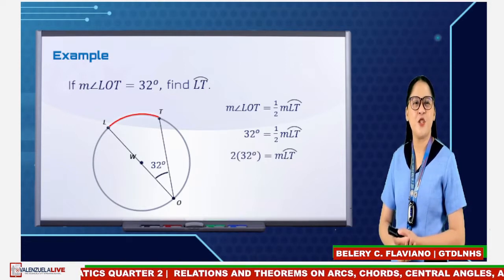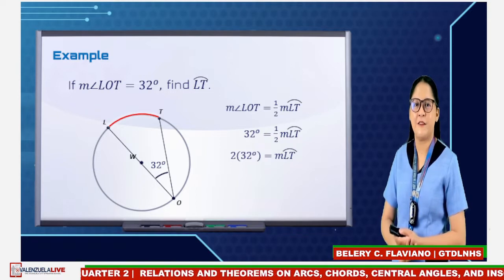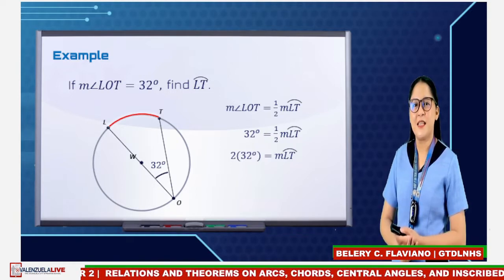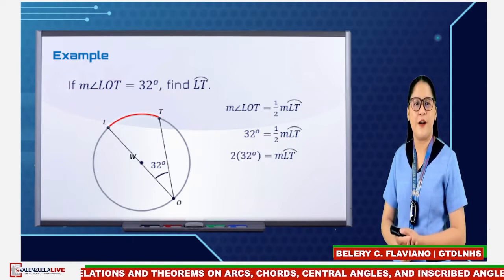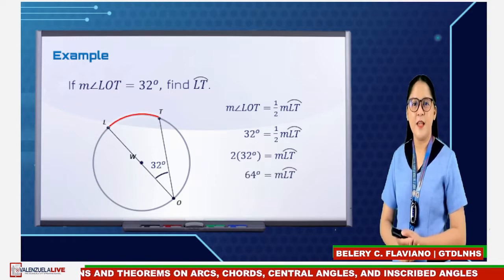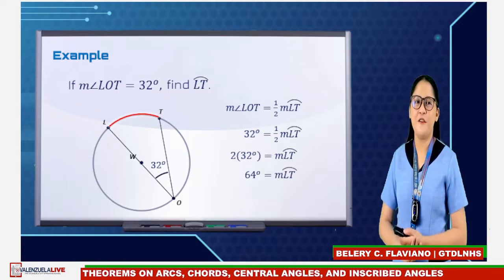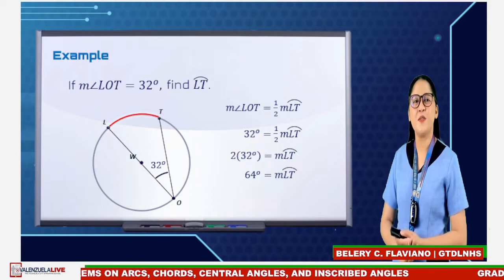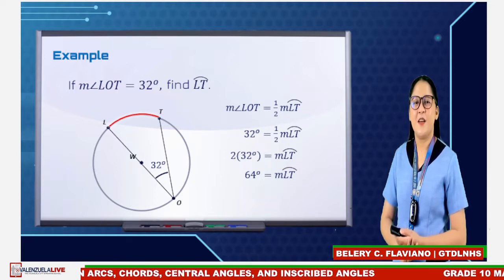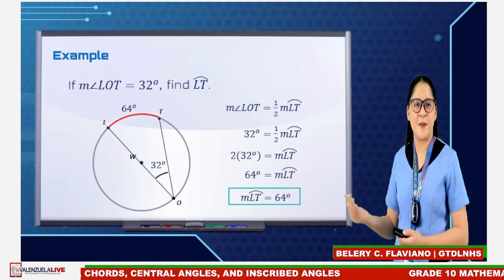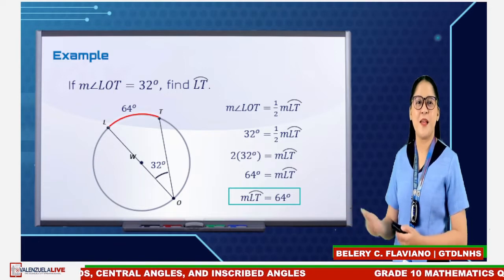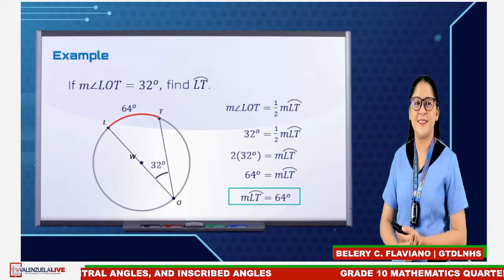Applying the multiplication property of equality, we will have 2 times 32 degrees equals the measure of arc LT. So therefore, the measure of arc LT is equal to 64 degrees. We can also write it in this way. That is applying the symmetric property of equality.